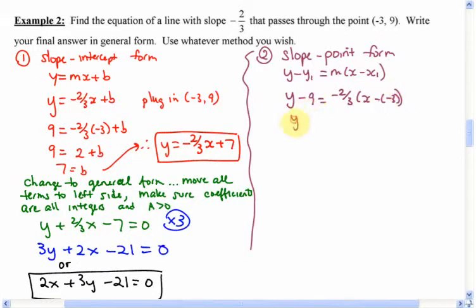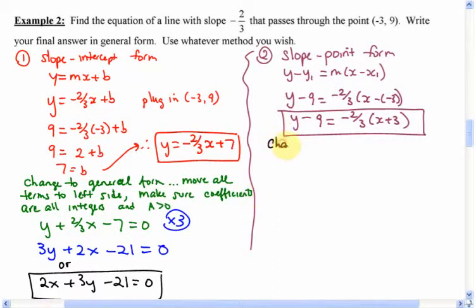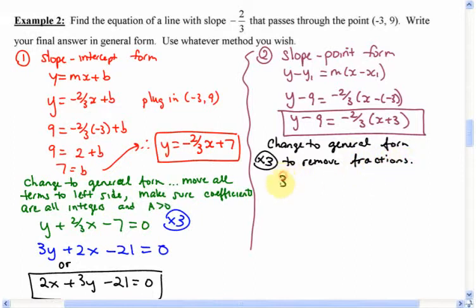Two negatives here. I like to, in this case, with the slope-point form, clear the fraction. So let's multiply everything by 3 to remove the fractions. I know most of you hate fractions. This is for you.